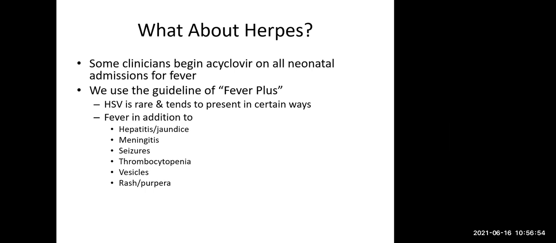If you have a degree of suspicion that this is herpes, for example the patient presents with these 3 presentations, either skin, eye or mouth, or sepsis or encephalopathic, with seizure for example, meningitis, and the mother also has lesions or suspicious-looking lesions, then you may need to consider starting empirical acyclovir to cover for herpes.